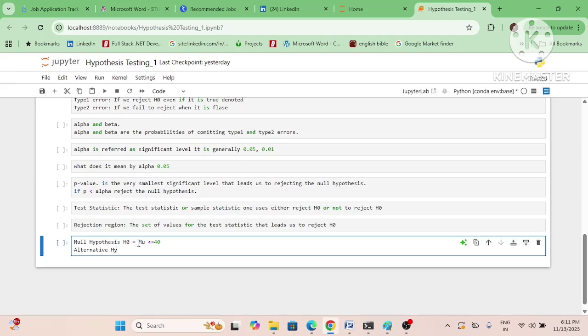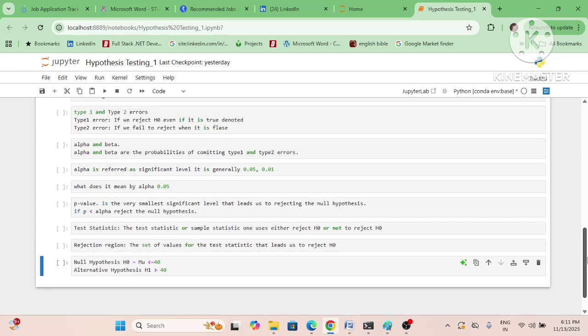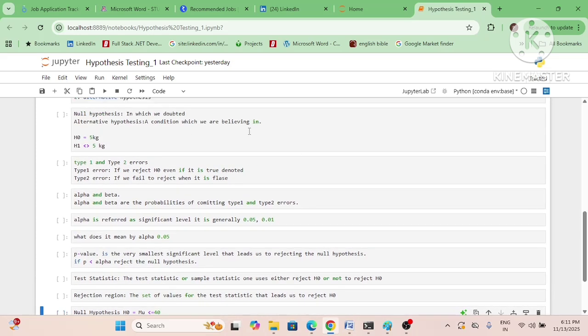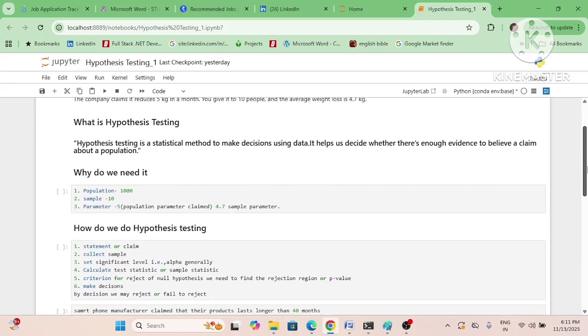The alternative hypothesis H1 is that mu may be greater than 40. So this is how, based on the given problem or the real scenario, we may define what is null hypothesis and what is alternative hypothesis. These are some important terminologies which are useful to do hypothesis testing in future.